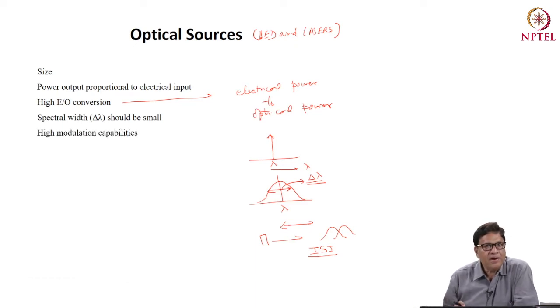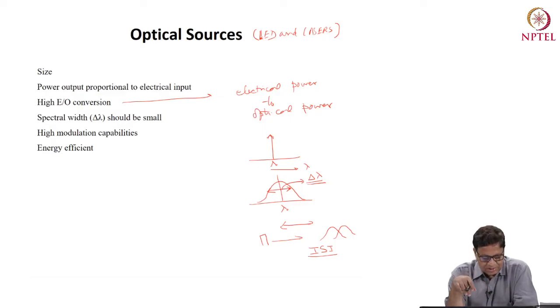We want high bandwidth capability, which means I should be able to modulate the source at high speed. The modulation bandwidth should not be kilohertz or even megahertz. I should be able to modulate the source at a high data rate, or it should have high modulation bandwidth of the order of a few gigabits per second. So these sources should have high modulation capability.